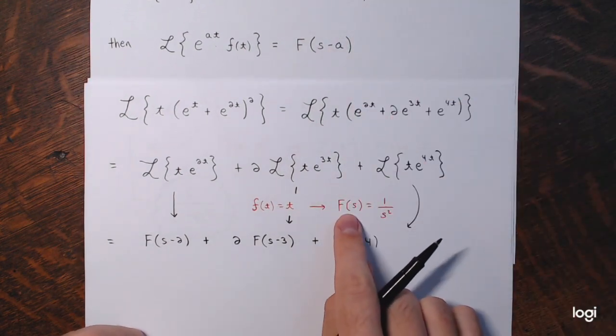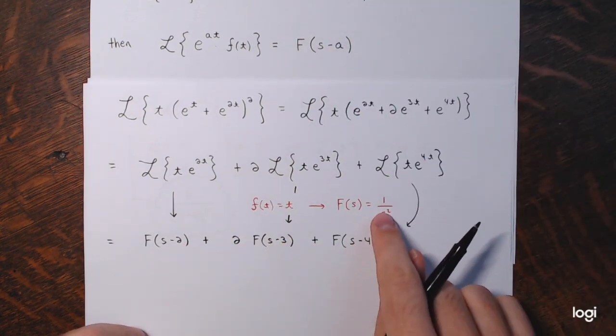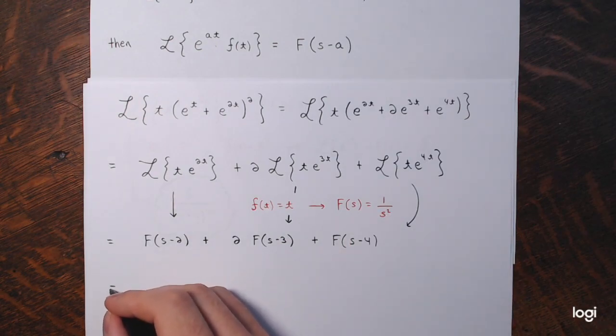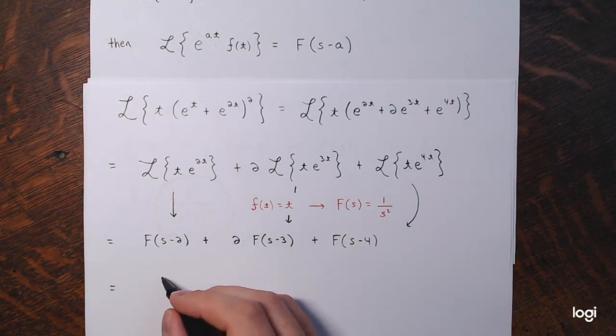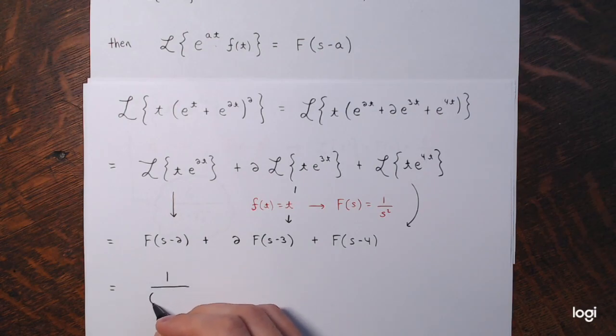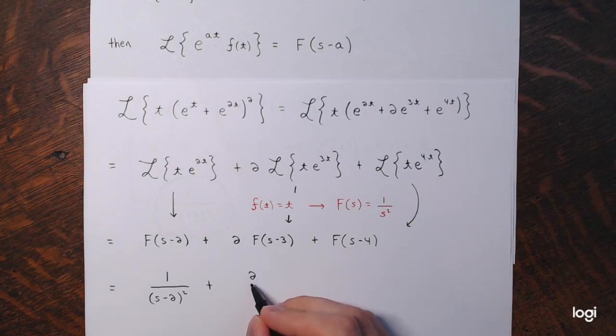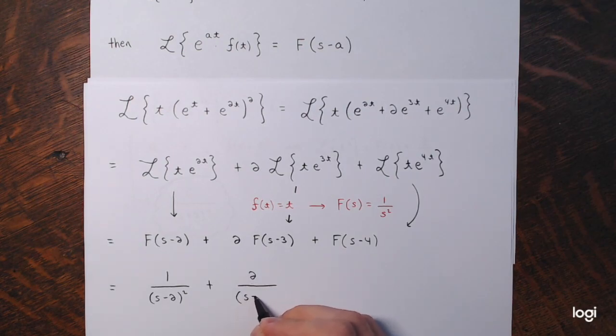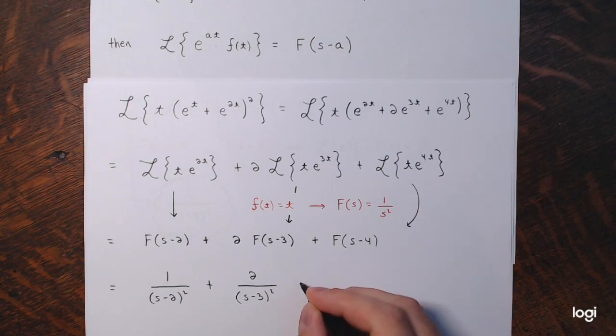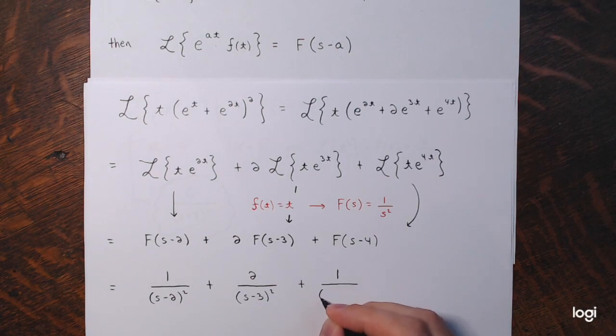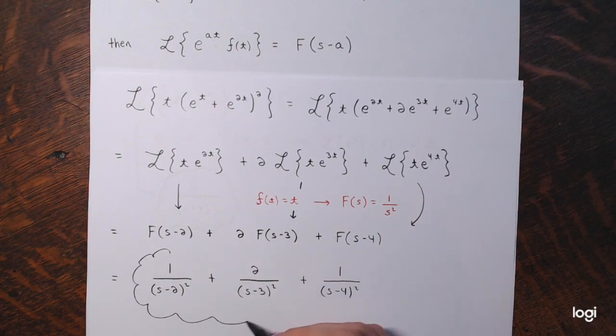And just going through and replacing s with s minus 2, s minus 3, and s minus 4, we get this following sum. F of s minus 2 is 1 over the quantity s minus 2 squared, plus 2 times 1 over s minus 3 squared, so 2 over the quantity s minus 3 squared, and finally plus f of s minus 4, 1 over the quantity s minus 4 squared. And there we have it.